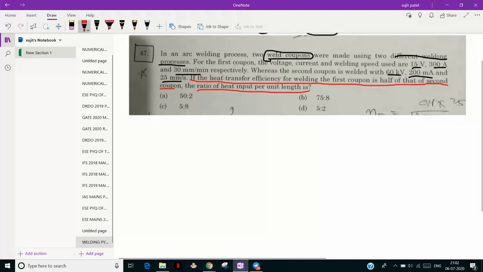First, what is the heat transfer efficiency? I am writing it as efficiency HT.